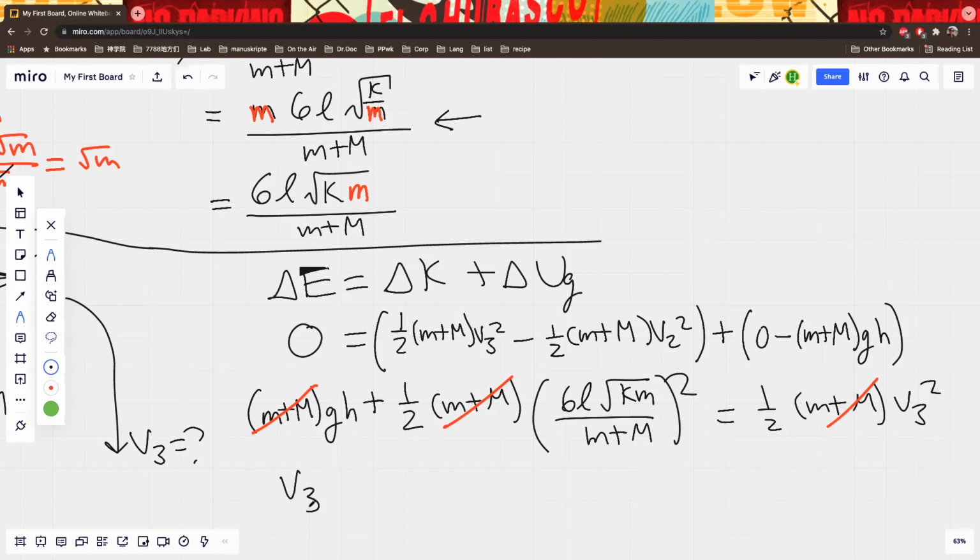Okay, so after that we could multiply everything by 2 and square root, but not all at once. So 2gh plus this thing, now we don't have the half, so it's just everything in the brackets there.